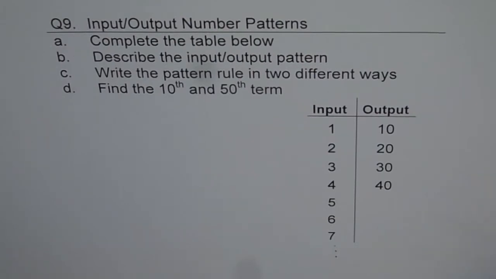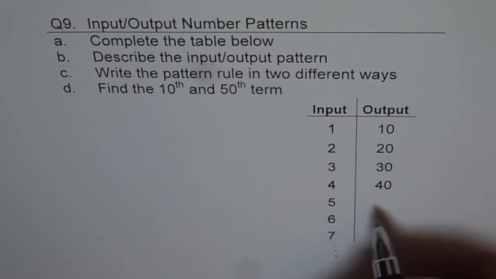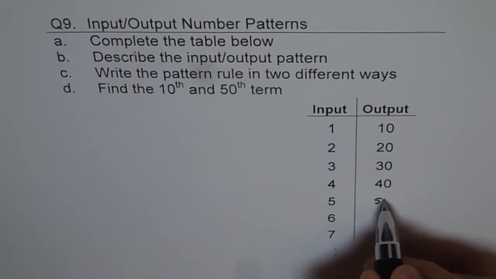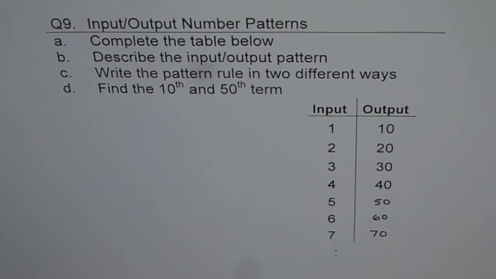Now, here are my solutions. Complete the table below. So 10, 20, 30, 40. It goes up by 10, so we can write 50, 60, 70. That's so simple. We just completed it: the output is going up by 10. Describe the input-output pattern.